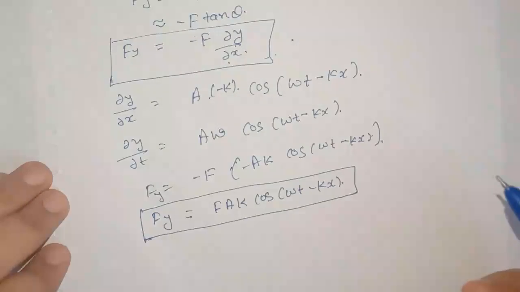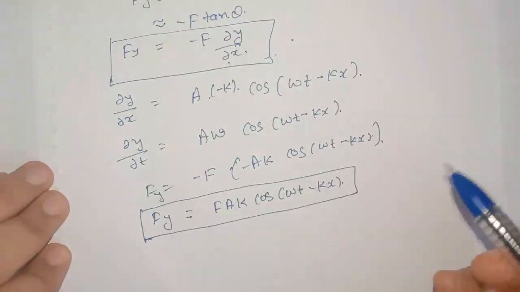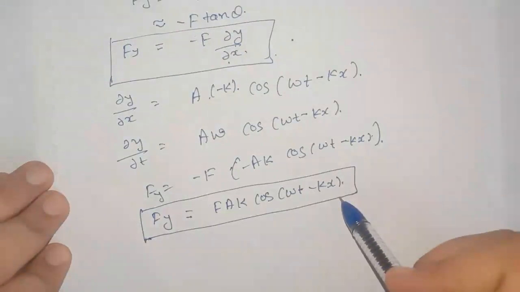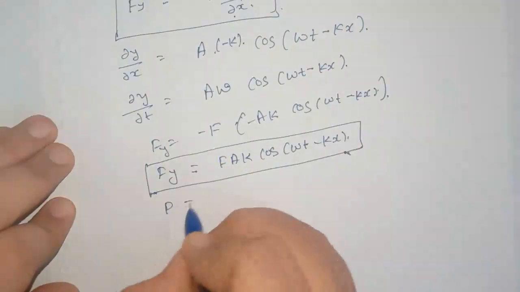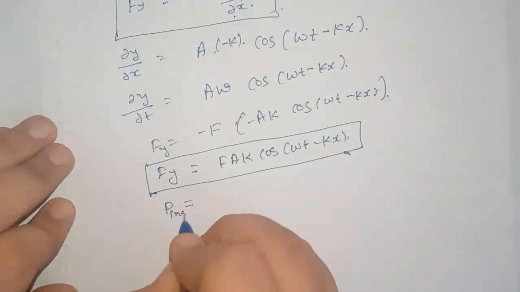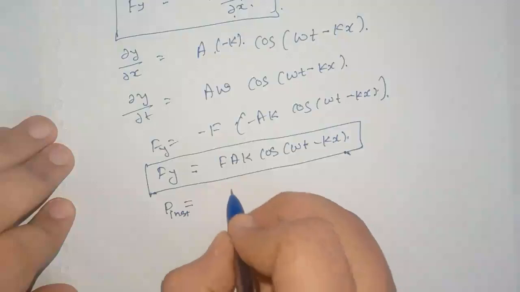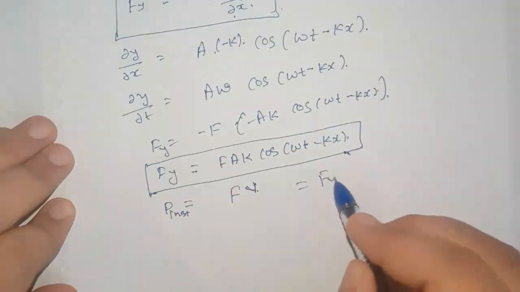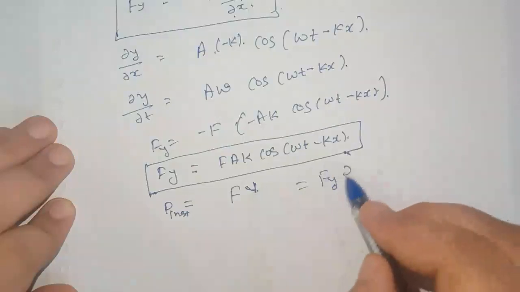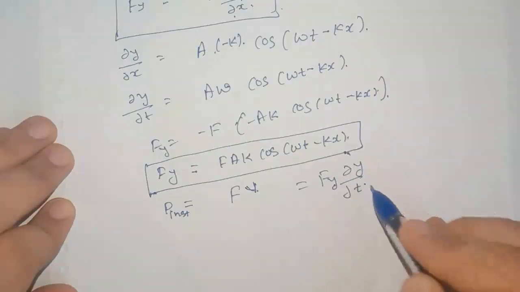Now, the power delivered by the force F to the string at position x is, this is the instantaneous power, so we can write P is equal to Fv. So force will be Fy and v will be del y by del t. Let us put the values in the equation.